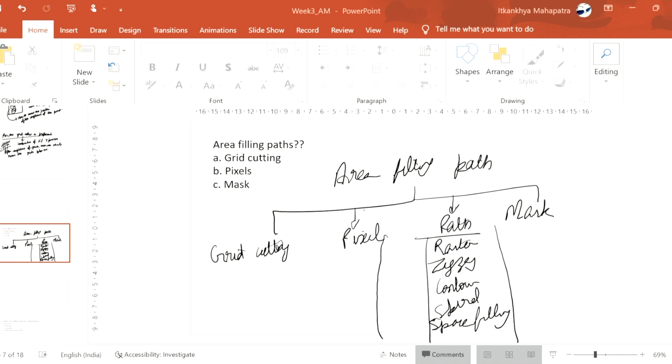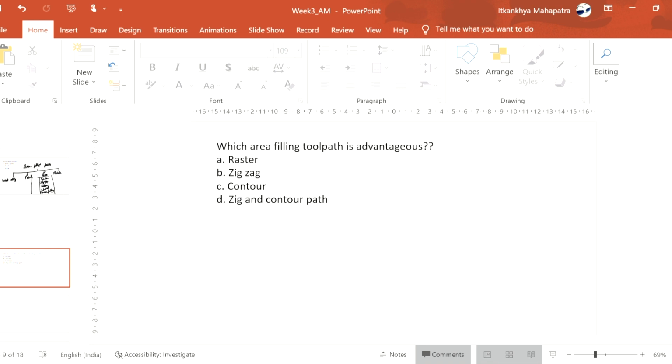Now, raster is simple, efficient, and robust with any boundary.